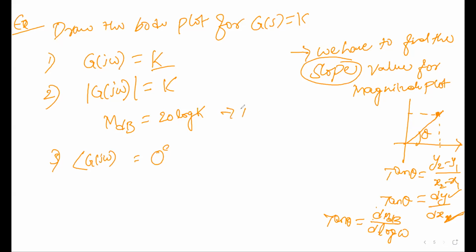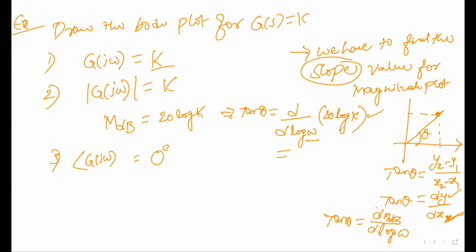Now what is the slope here? It is d by d log omega of 20 log k. We are differentiating with respect to log omega.